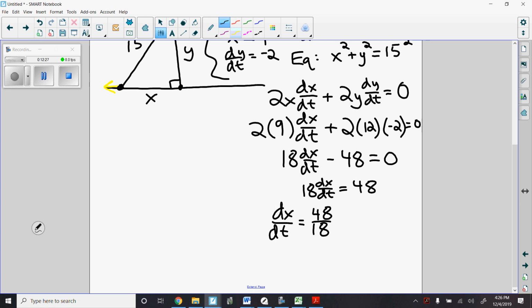I know both of those numbers are divisible by 6. I get 8/3, and again, my unit, since x is measured in feet, is feet per second.